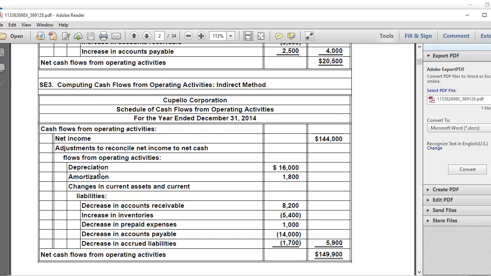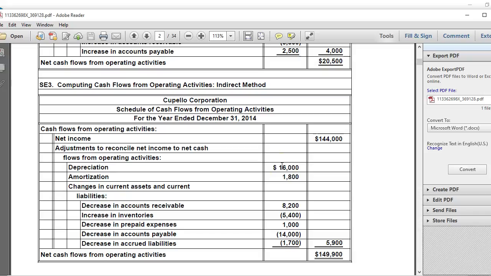If depreciation we took reduces our net income, but we didn't use cash, we're going to add that figure back. Depreciation, $16,000 gets added back. Amortization's the same thing. We use that amortization expense to decrease our net income. But we didn't need cash to have that expense, so we're going to add back that $1,800 to net income.